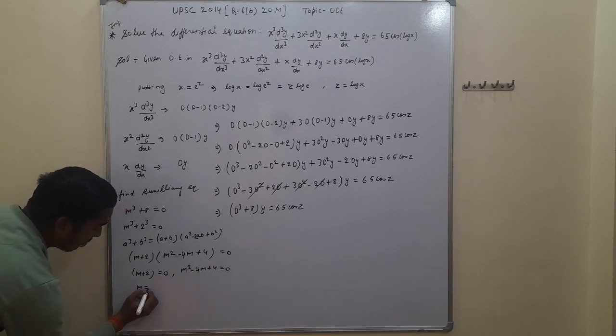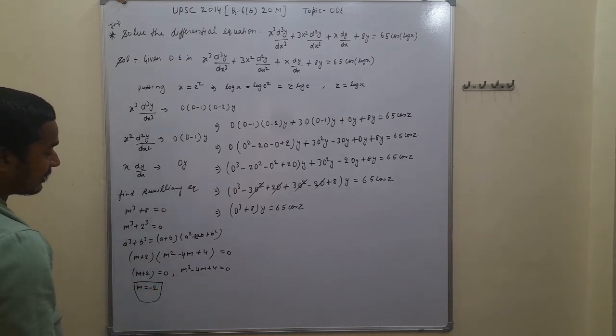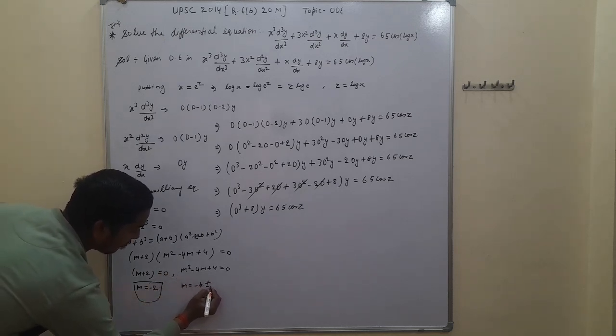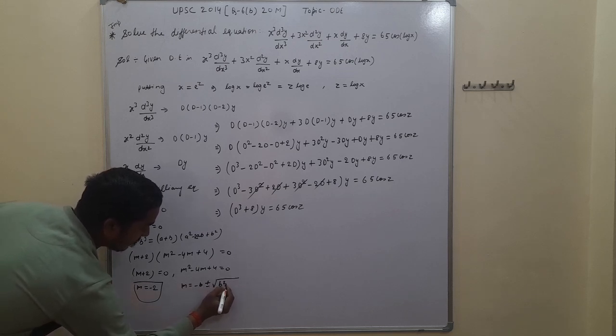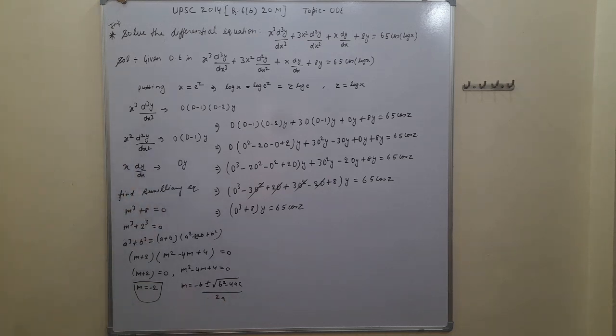From here m is equal to minus 2. We get the first root, and solving this we use the quadratic formula. This is given by m is equal to minus b plus minus under root of b square minus 4ac upon 2a. We have to use this formula.